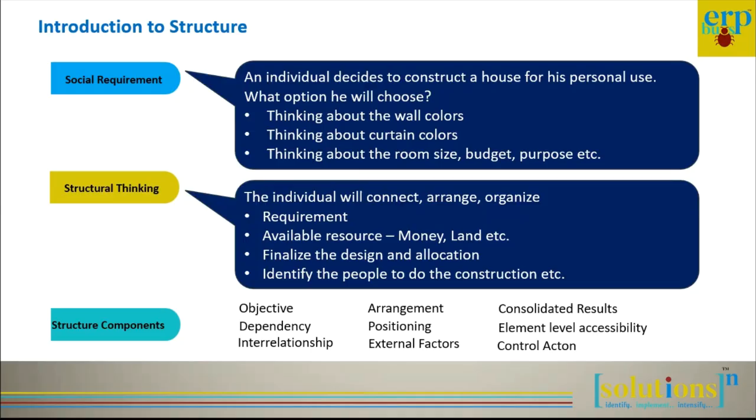So the first thing, will he go for selecting the colors for his wall before construction of a house? No. Will he go for the purchase of curtains and the colors of curtains?